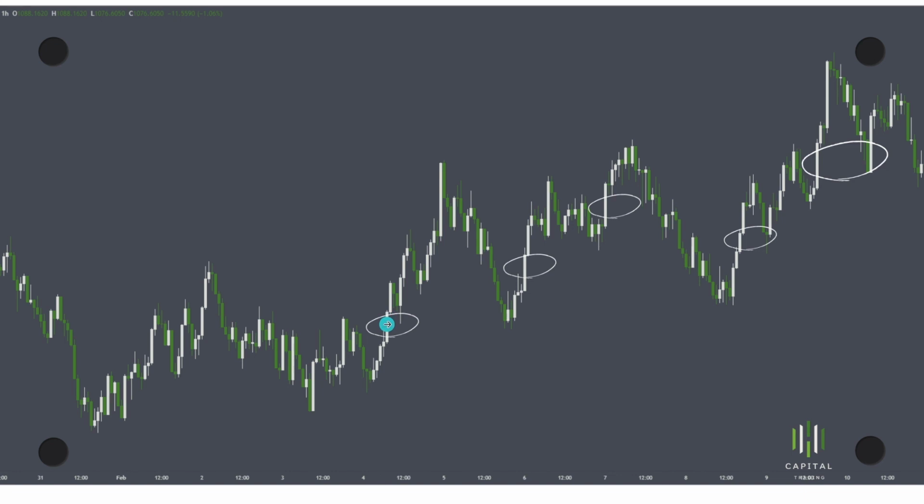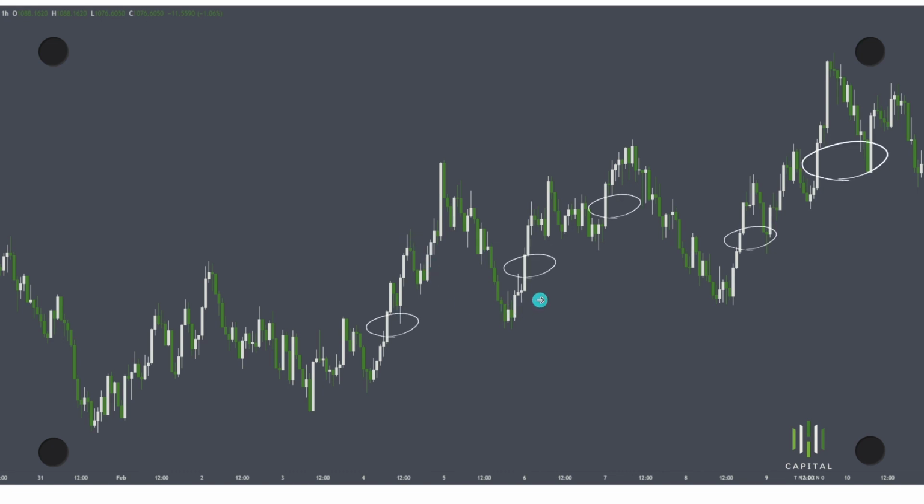When price did this at a later stage, remember we identified the mean threshold of this level as a sensitive area. So price came back at a later stage and tested the mean threshold of this level and then continued on the upside. This is how you identify a fair value gap.